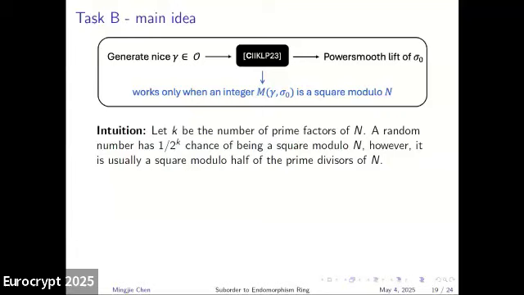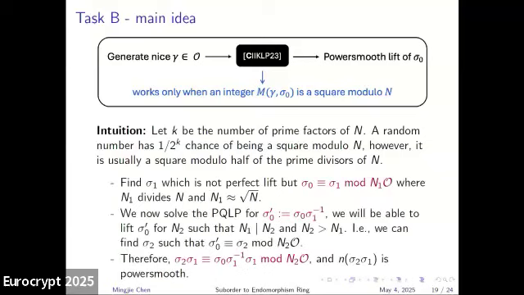So that's why they have to put the condition on n not having too many prime factors. But our intuition is this random integer is usually a square modulo half of the prime divisors of n. So we are trying to develop an iteration that doesn't give you a perfect lift modulo n, but gives you some partial lifts modulo some factors of n.